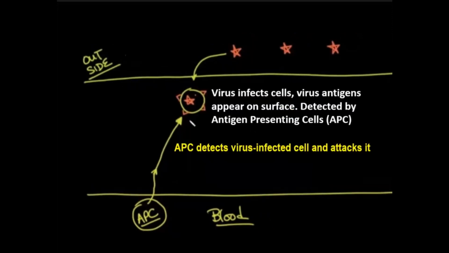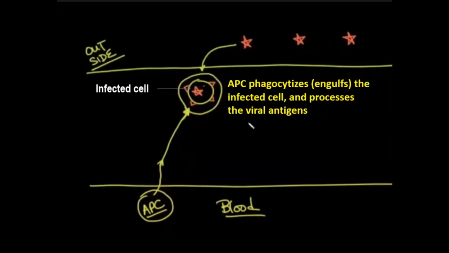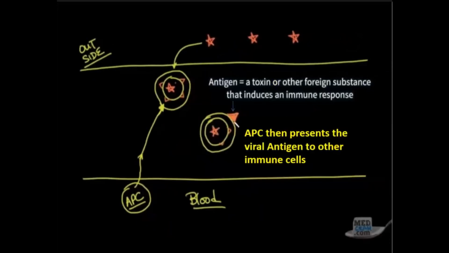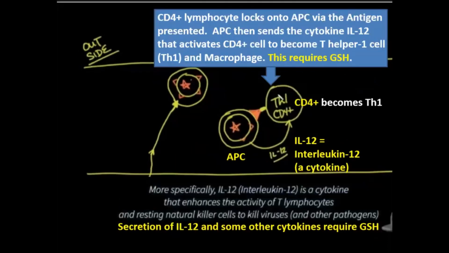Okay, yeah. So the virus infects the cells and virus antigens appear on the surface, and the signal of the presence of these antigens will reach the APC, then the APC will engulf the infected cell and process the antigens, and then the APC will represent this antigen for the other components of the immune cells. Okay, so what are these other components? These are the other lymphocytes, the CD4 lymphocytes.